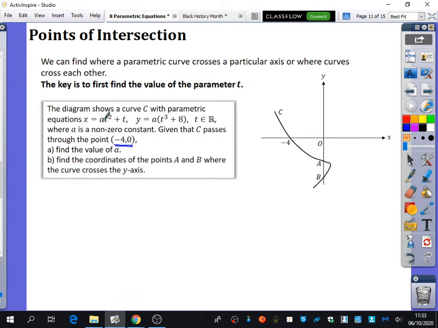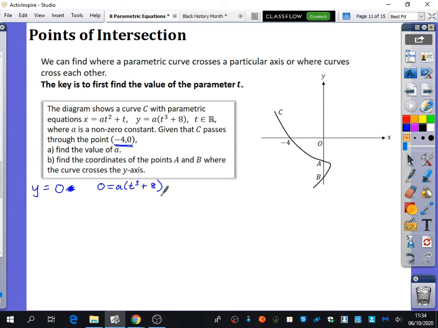So I can use some of this information that might help me to solve this equation. Let's say that y is equal to 0, which means I've got 0 equals at cubed plus 8. Now I can solve this equation to find out what t is.